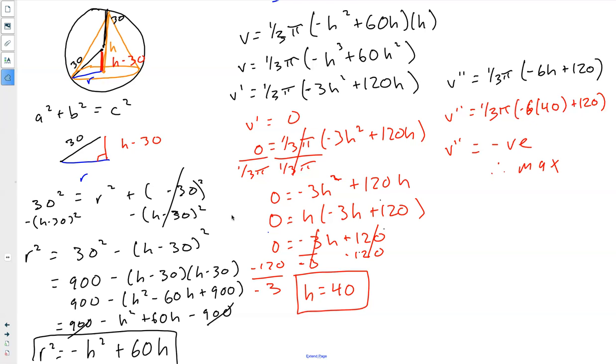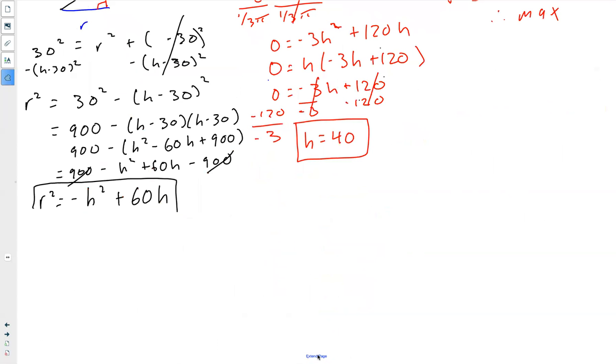All right. So we know our h is 40. So let's go and solve our dimensions now.